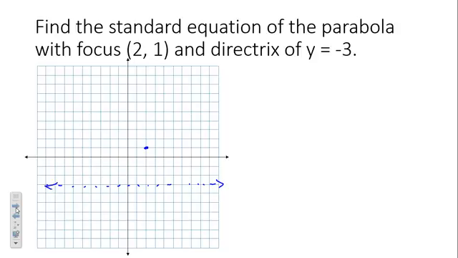So we know nothing about the vertex this time. The x has to be 2, right? Because this is my axis of symmetry. And it has to be halfway in the middle, doesn't it? So what's halfway in the middle of the directrix and the focus? (2, negative 1).